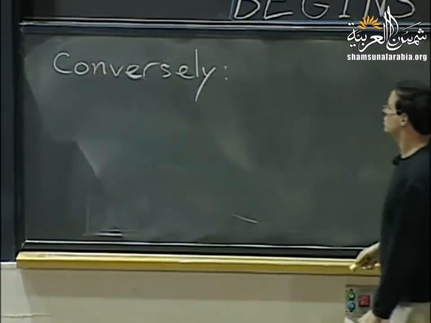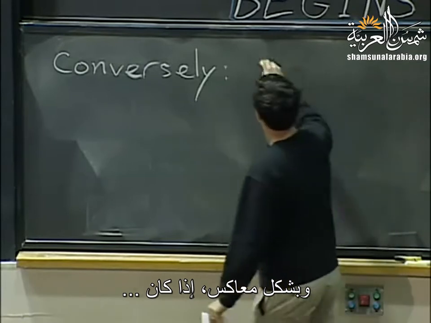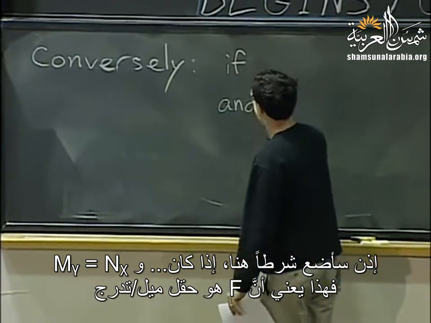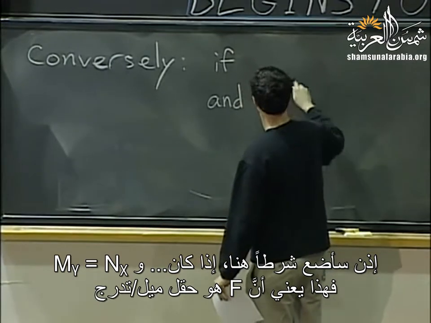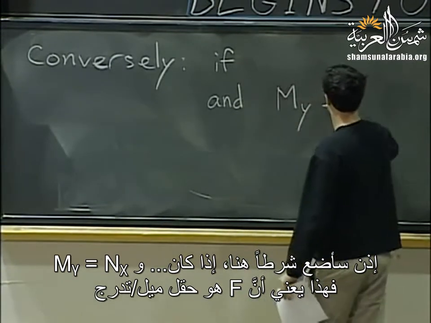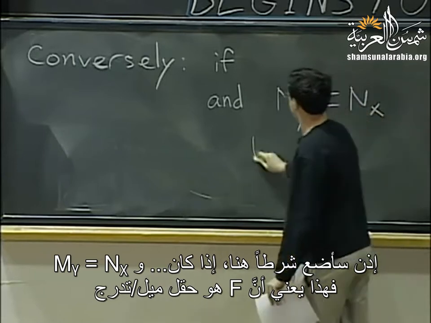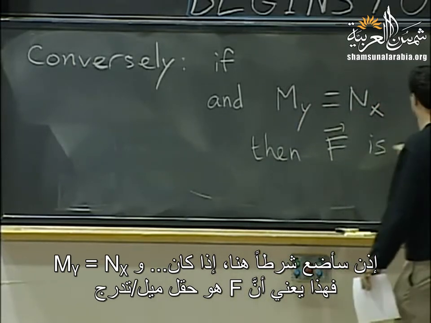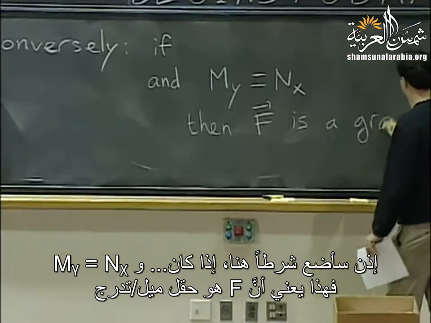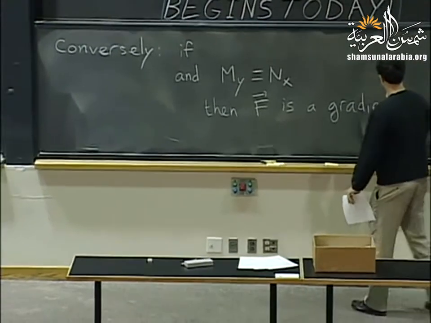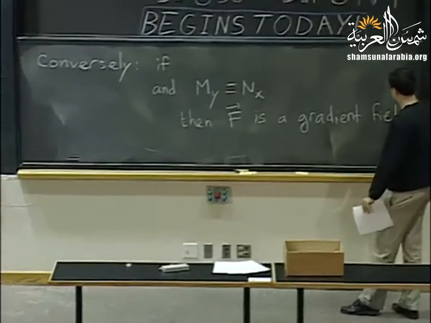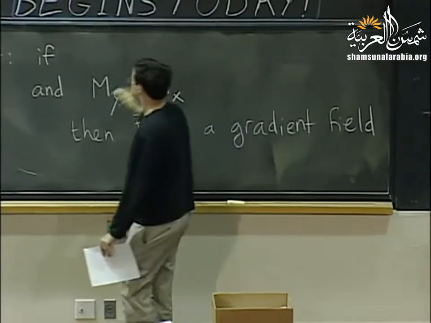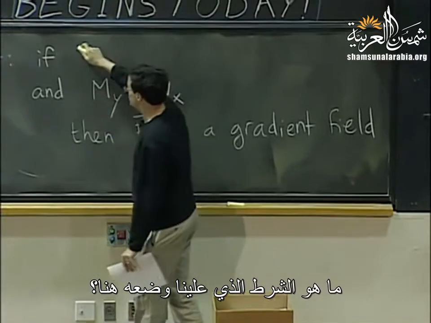So conversely, I'm going to put here a condition: if M sub y equals N sub x, then the field is a gradient field. What's the condition that I need to put here?